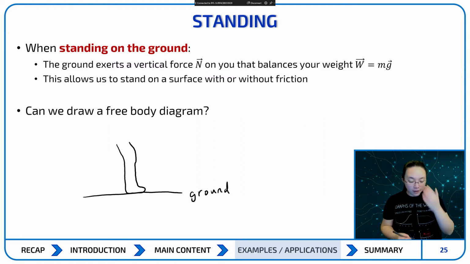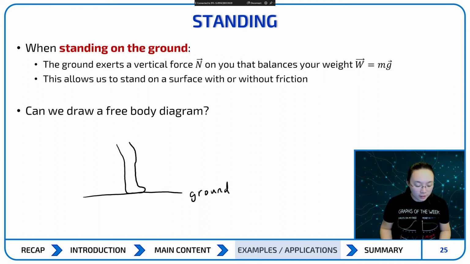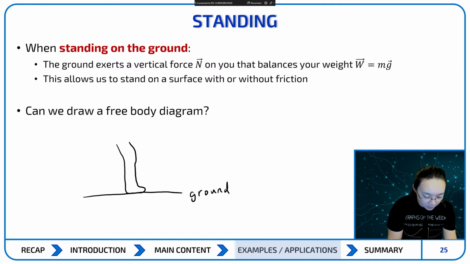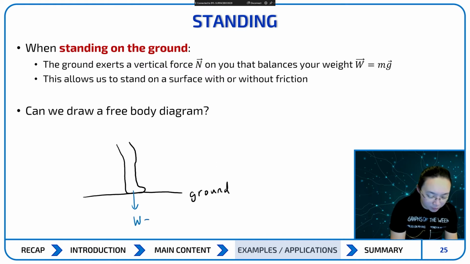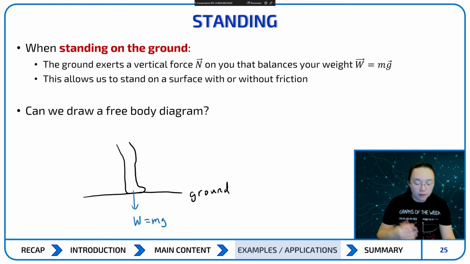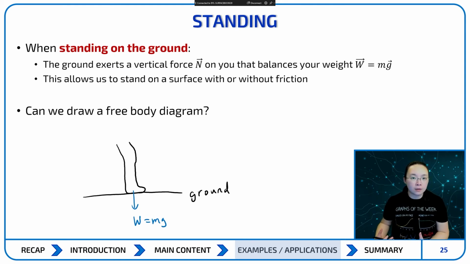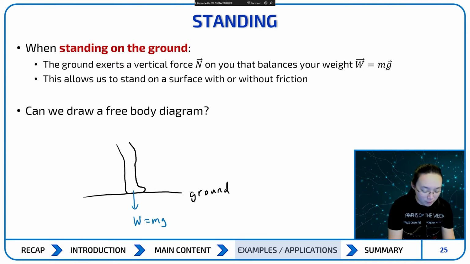Okay, so there's my leg with the foot on the ground. And what this is telling me is that it's stationary, so it means I have some sort of weight, where W equals mg. And that's going to be the force that my body exerts on the ground.